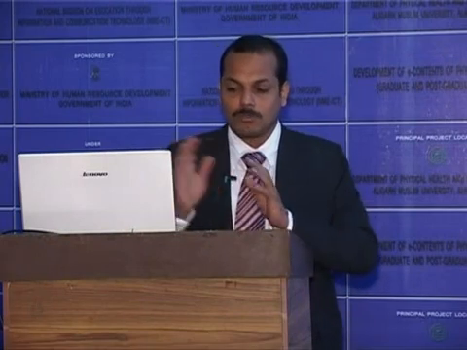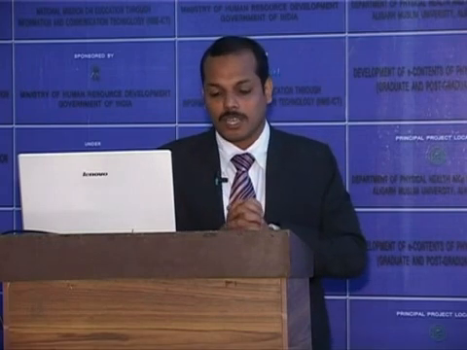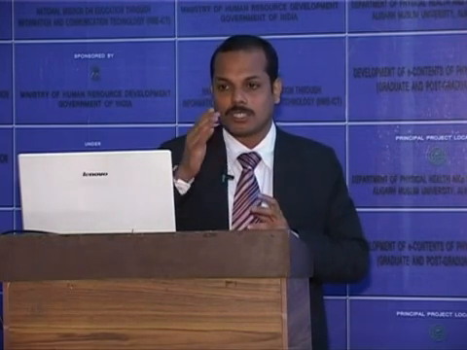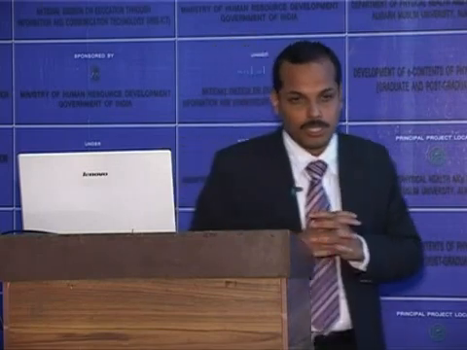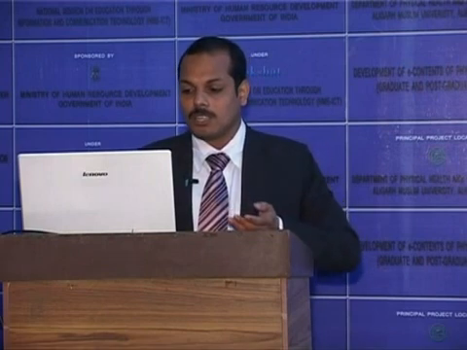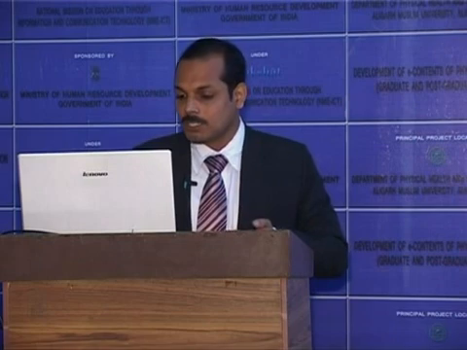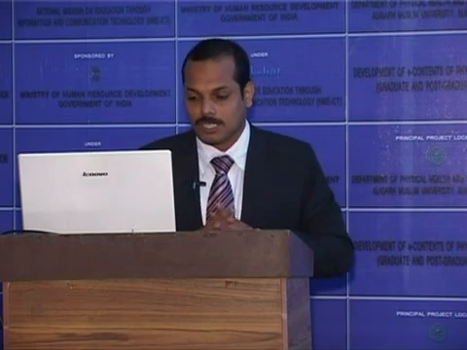So we'll go through each movement again. The first movement available is flexion and extension. Everybody will know flexion and extension movement, which is available in the sagittal plane. The second movement is medial and lateral rotation, available in the transverse plane, and the third type of movement is abduction and adduction.